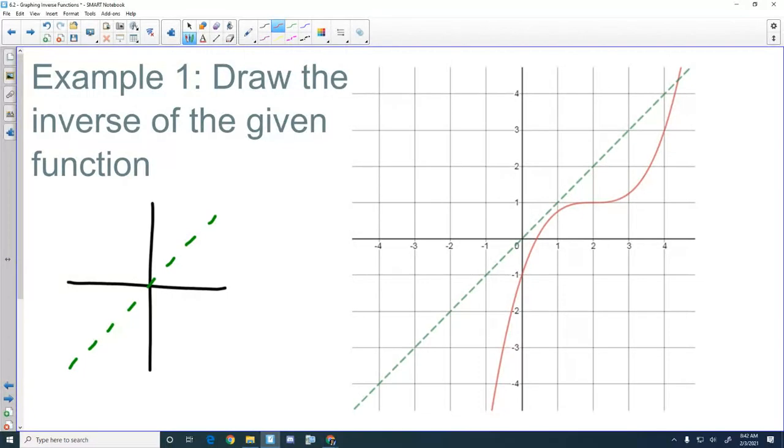And then you can just draw some general curve. It doesn't have to match exactly, but just some type of a shape, just to help you get the idea.